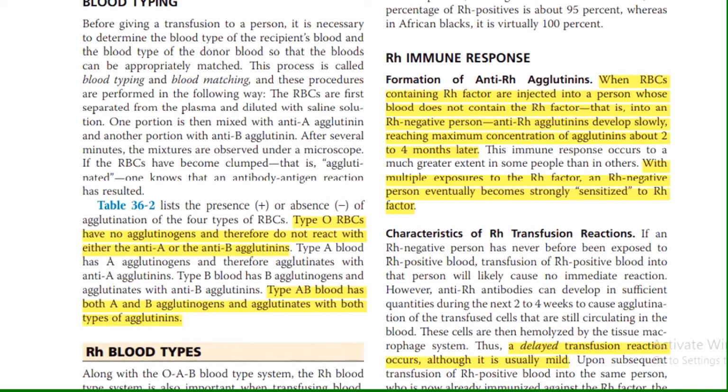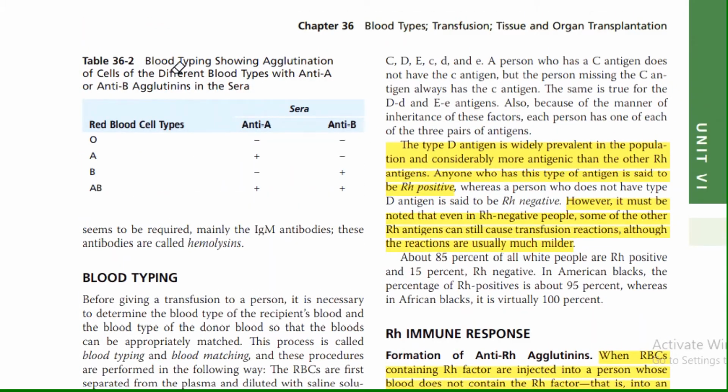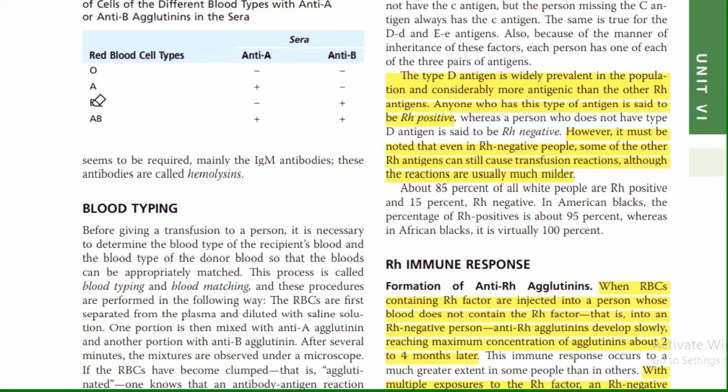Then we have the blood types. Figure 36.2 shows blood types, showing agglutination of cells of different blood types with anti-A or anti-B agglutinin in the sera. If the red blood cell type is O, there will be no anti-A or anti-B present.